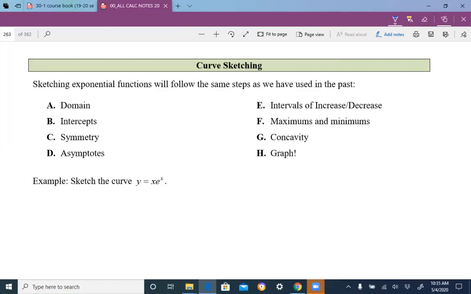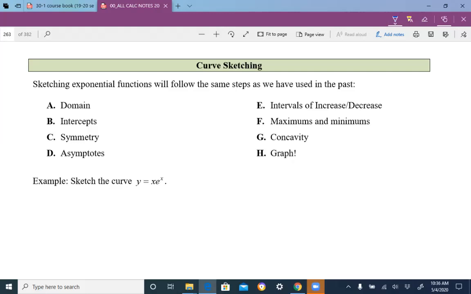And just as a reminder, all of the things that we look for: domain first, and then your intercepts. Symmetry is when you take f of negative x, can you find that it's an even or an odd function? And that'll tell us something about what it looks like. Asymptotes, both vertical and horizontal.